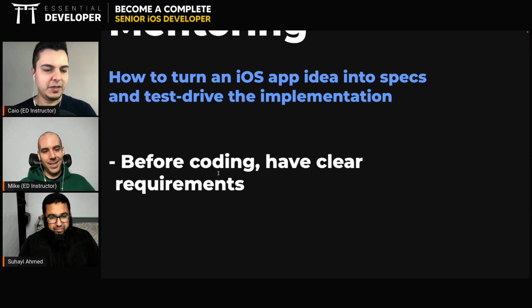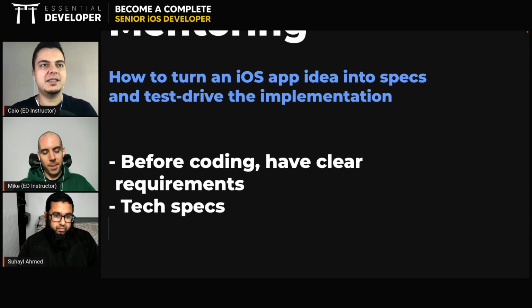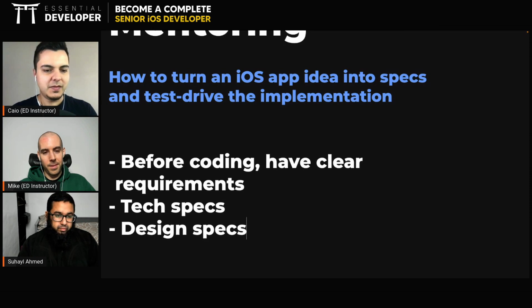That's very, very important. In the program, we teach that even before opening Xcode, make sure that you have clear specs, what you're going to do, like technical specs, design specs, if there's any kind of UI, because this is going to help you be more informed about making architectural decisions, design decisions, project decisions.